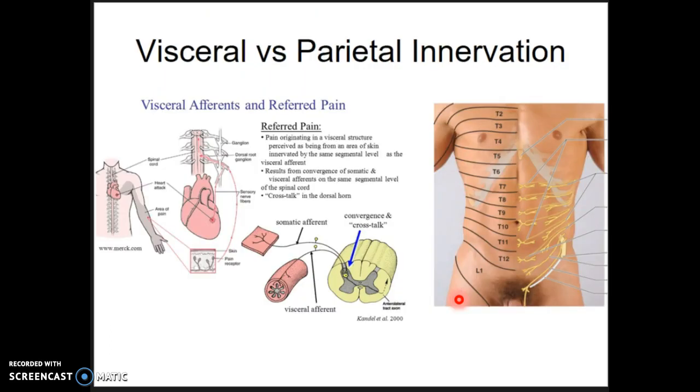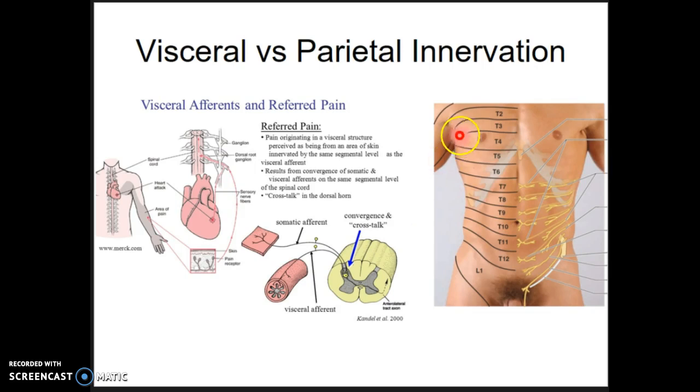And this is going back to this concept of visceral versus parietal, something we've been doing since day one. Parietal means body wall, viscera refer to internal organs. This is a concept that's going to come back in a couple of different ways and a couple of different times. One of the reasons there's fallout from having vague innervation of internal organs is that sometimes we get referred pain patterns from that.